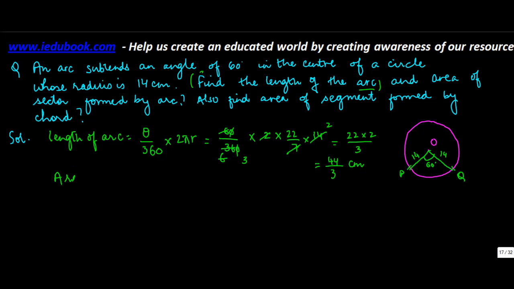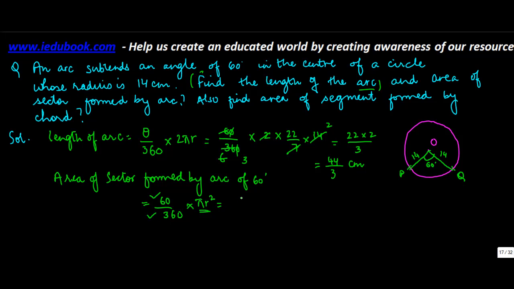Second is area of sector formed by arc of 60 degree. Again 60 upon 360 into pi r square. That's the corresponding part of the area of the circle, which is the angle vis-a-vis total angle, or 60 upon 360 into 22 upon 7 into 14 into 14.